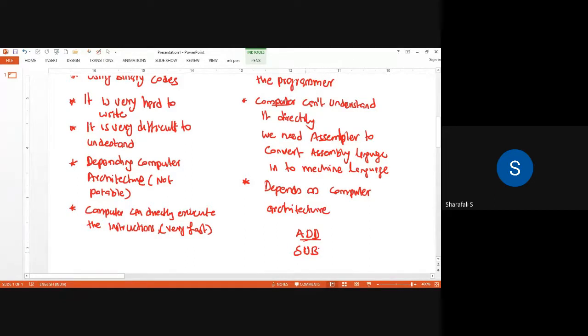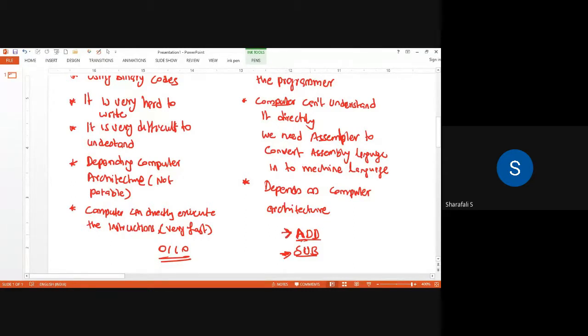This kind of small instruction is possible in assembly language, whereas only 0s and 1s are possible in machine language. But this is highly dependent on the system architecture. A command used in one system may not be the same in another system which has a different architecture or configuration.